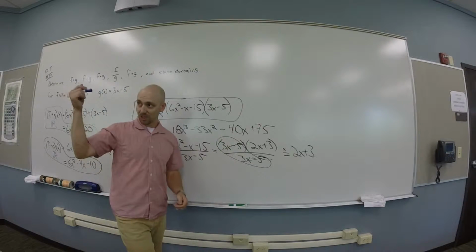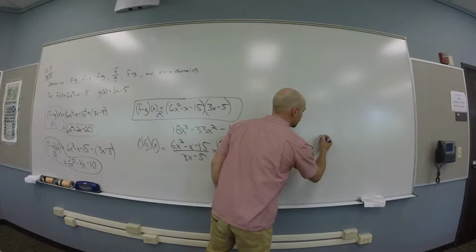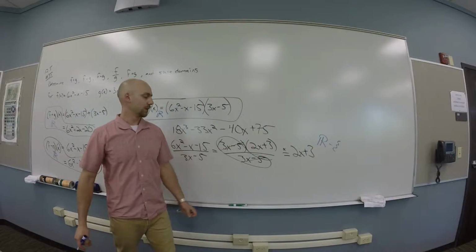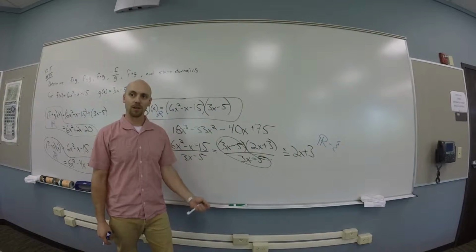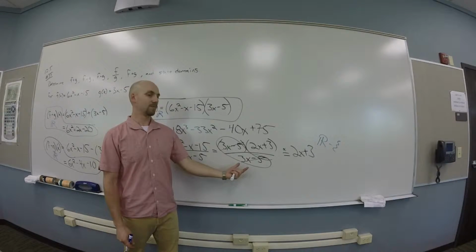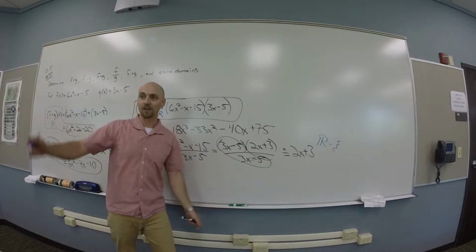So this really comes in the domain part. The domain here is R except when 3x minus 5 is 0, so that's 5/3.